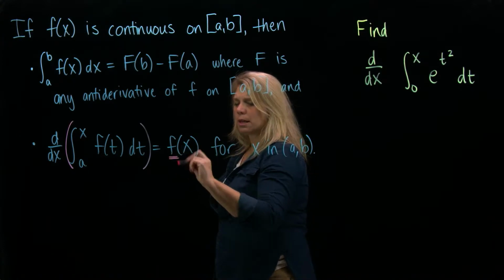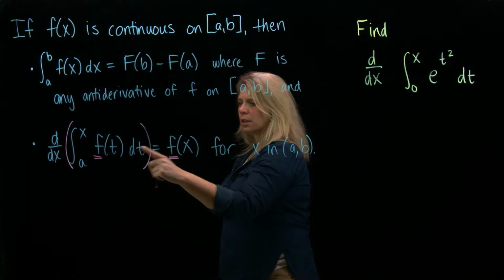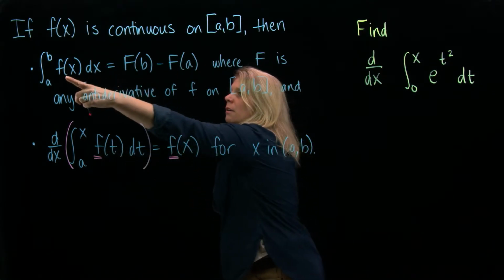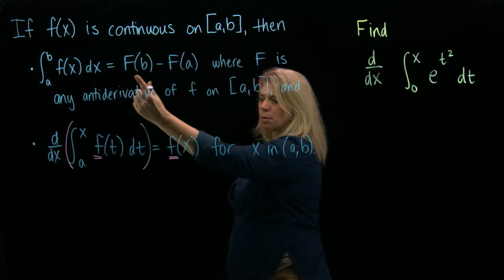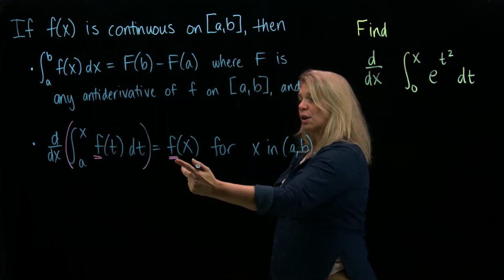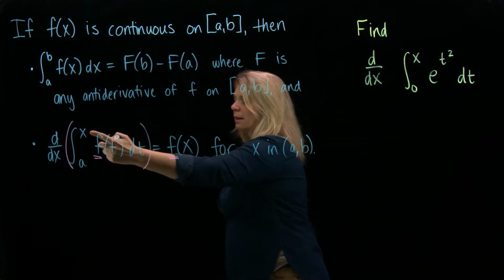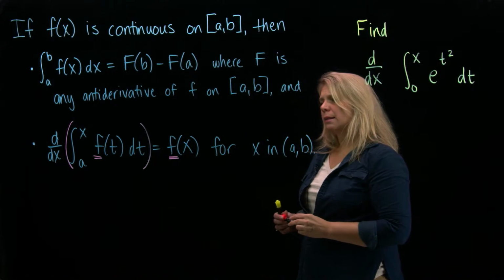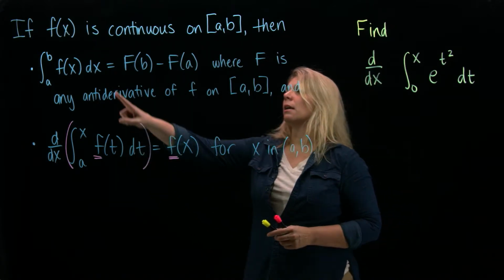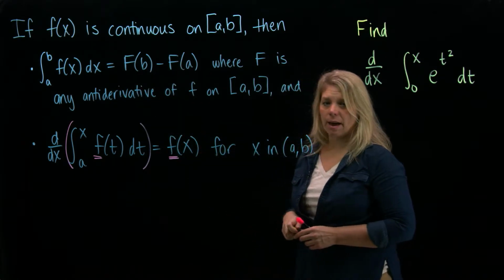So one important thing here to notice is that that is not an antiderivative function. That is just the same function, little f, not little f and capital F like in this other part, but the same function, little f, evaluated at x. If we think about why this part of the theorem should make sense, you might think about, in the intermediate step, this antiderivative function, capital F of x.